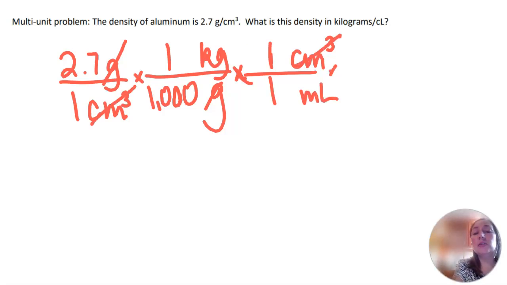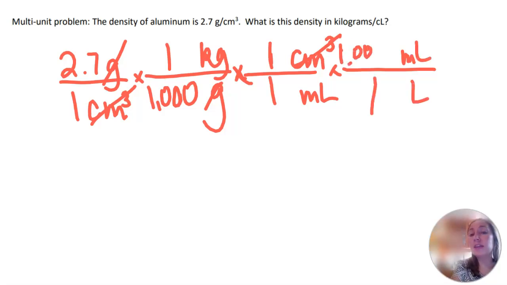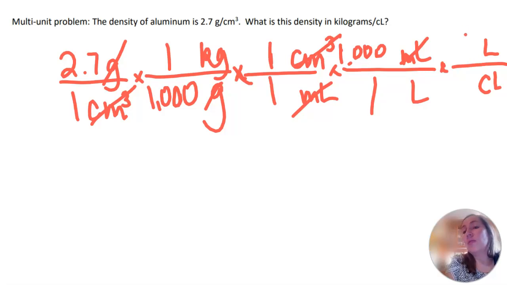Cancel that out. And here we'd say, okay, it's easier to go from milliliters to liters because I always remember that 1 big liter has 1,000 little milliliters. Okay, and then I always remember liters to centi, a base unit that I can remember. 1 big base unit has 100 cents. Like 100 cents in a dollar, there's 100 centiliters in a liter.